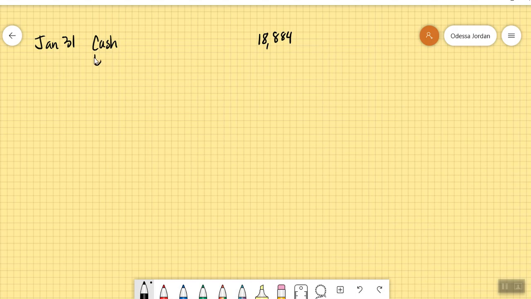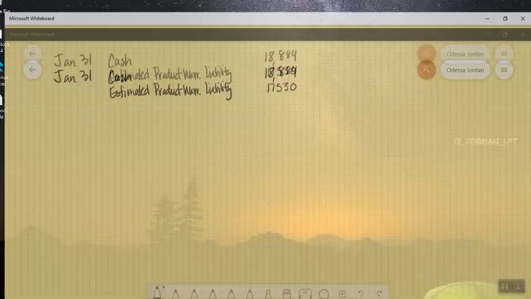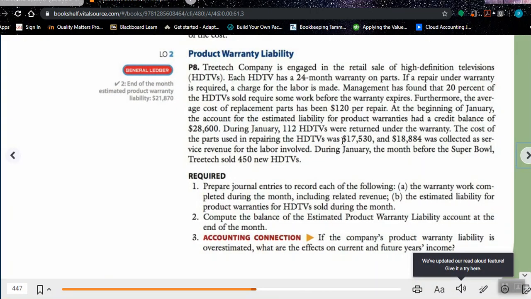So the estimated product warranty liability, long name, is $17,530. And again, that came from the information given in the problem right here.